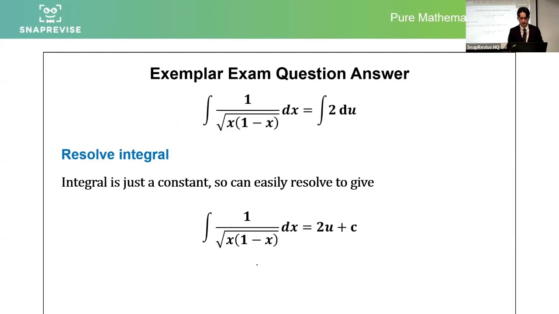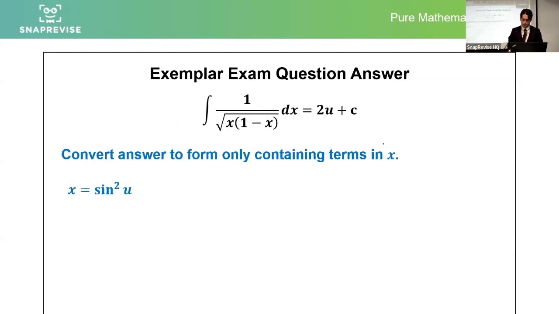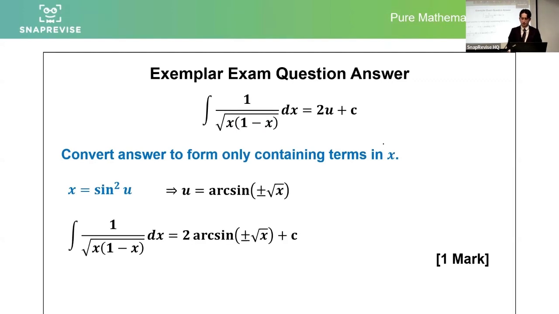Okay, so the integral is going to be 2u plus c. And of course, we have to put u back in. Now, remember, they didn't actually give us u. They gave us x is sine squared u. So if we rearrange this, we square root both sides and inverse sine it. That's actually what we've just found the integral as. 2 arcsine root x plus c.